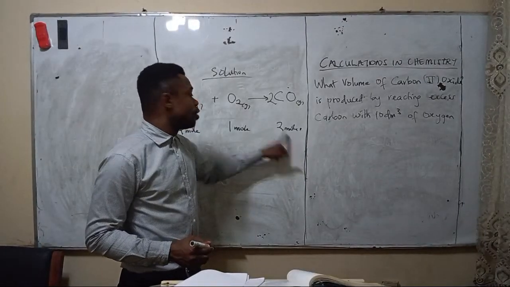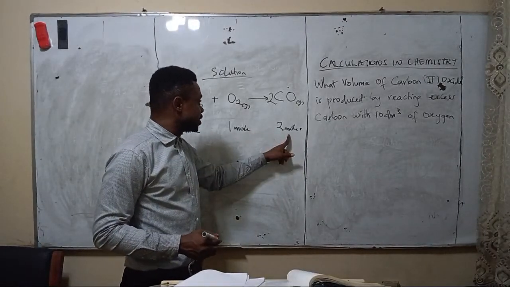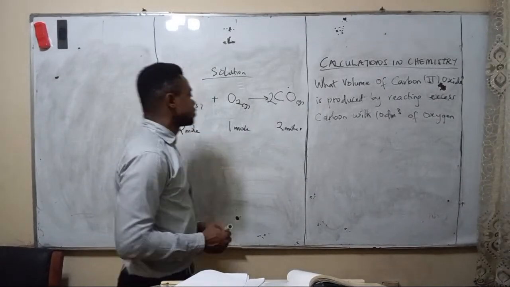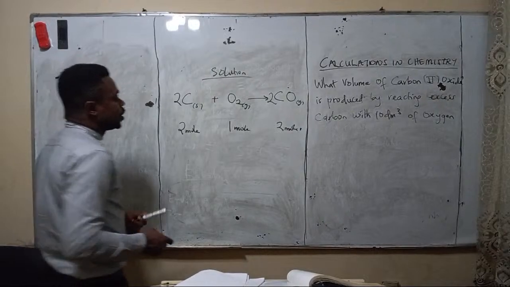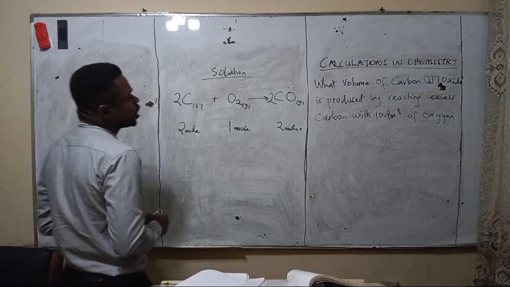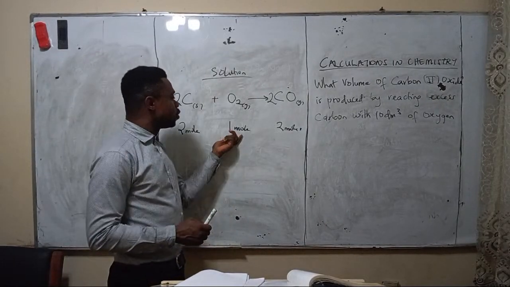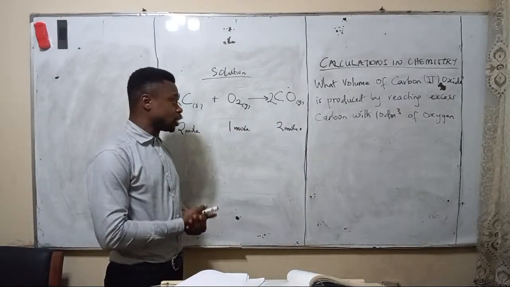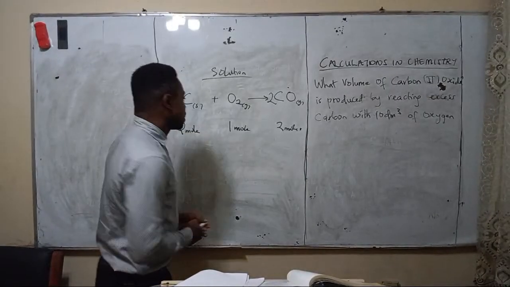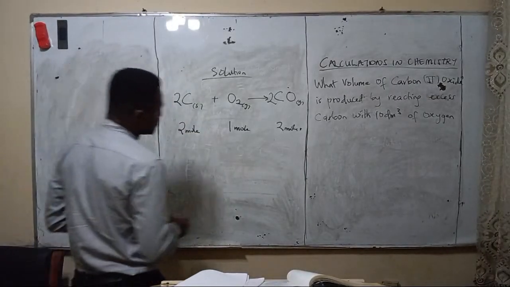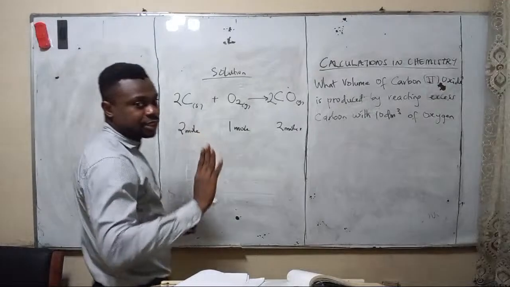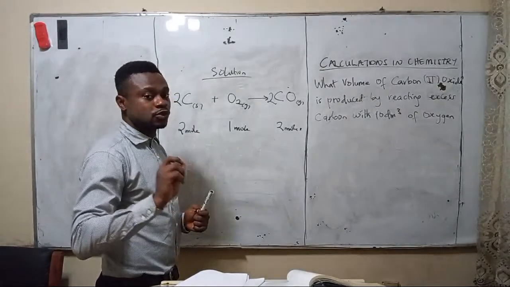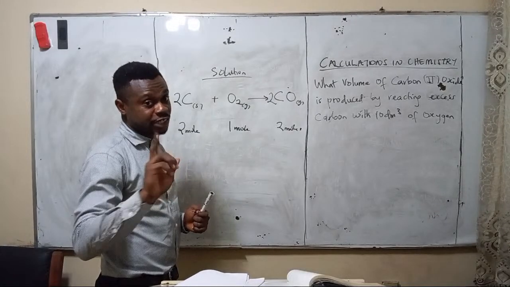So 1 mole of oxygen gas yields 2 moles of carbon 2 oxide. Now we can move from mole to volume and get what I'm looking for. At STP, 1 mole of a gas occupies a volume of 22.4 dm cube.